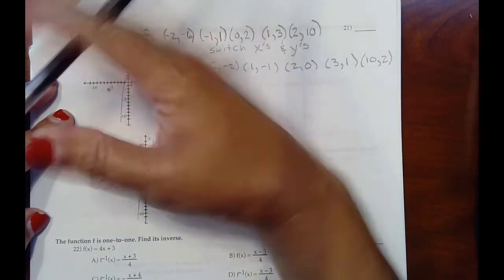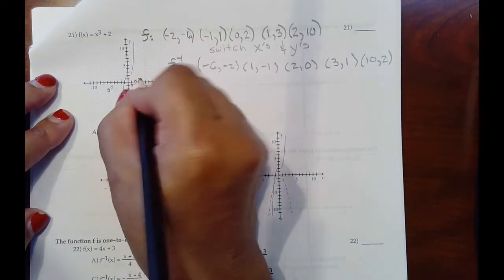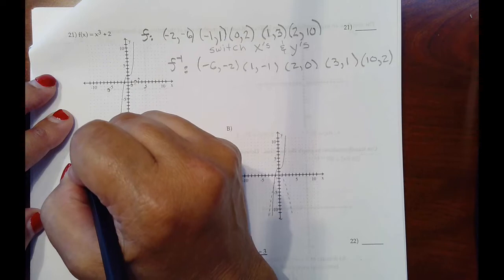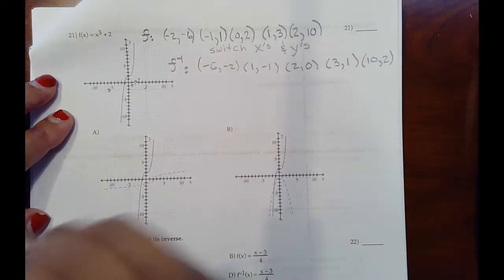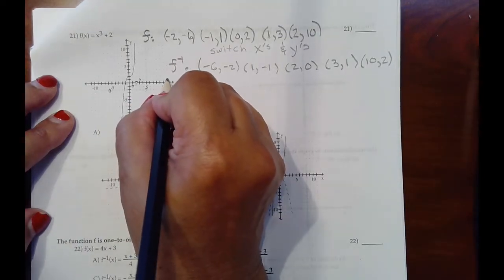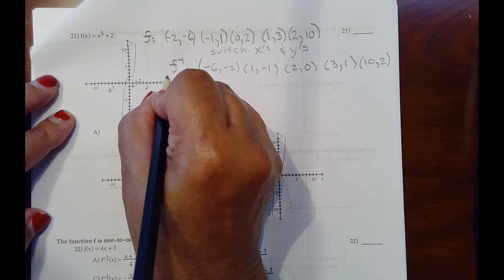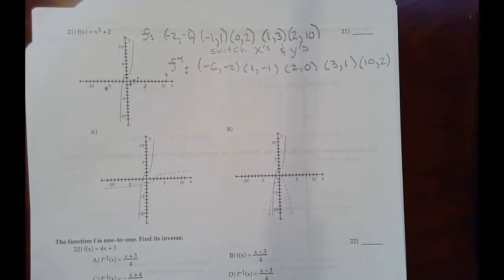Oops. 3, 1 would be right here. And then, let's see, 10, 2. Okay.